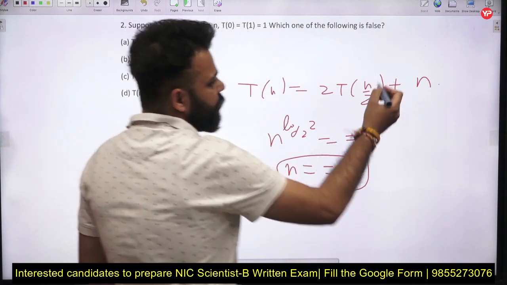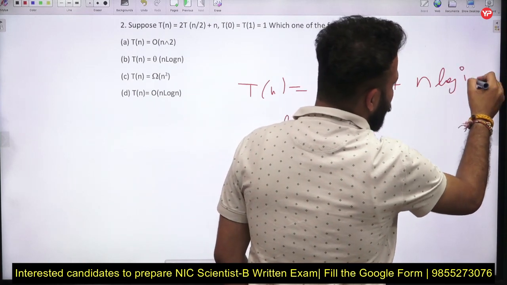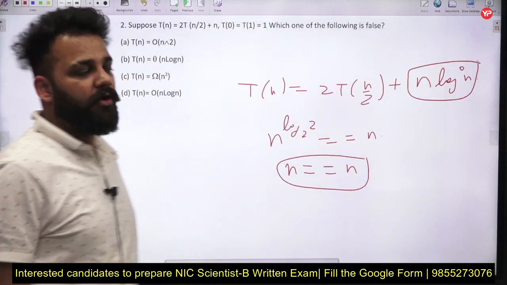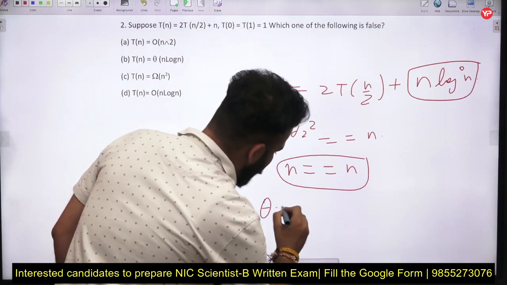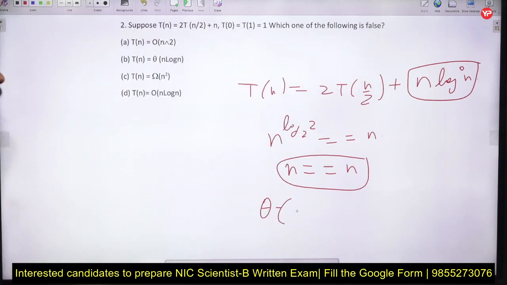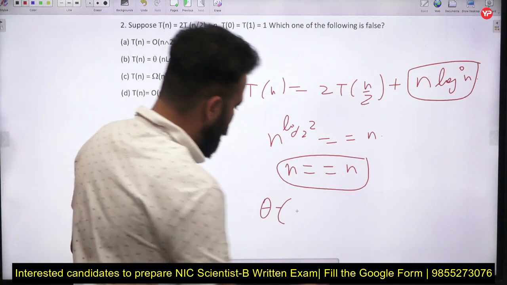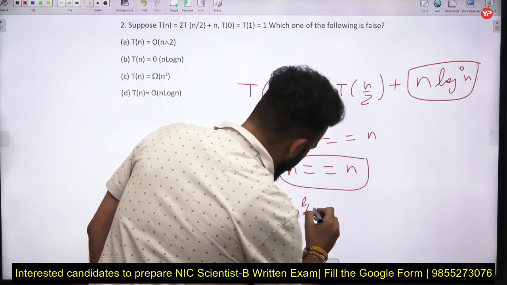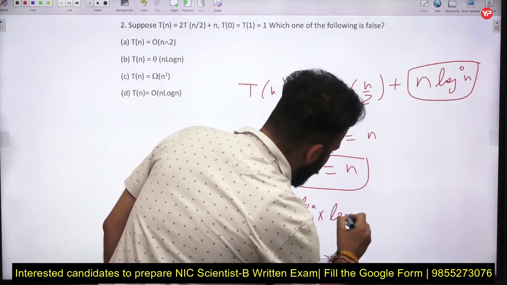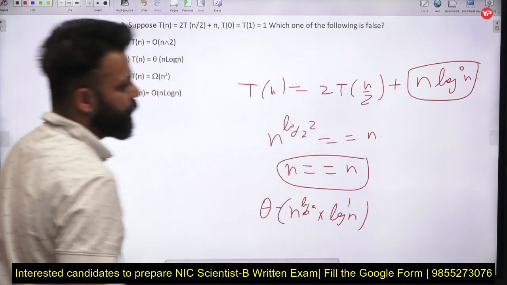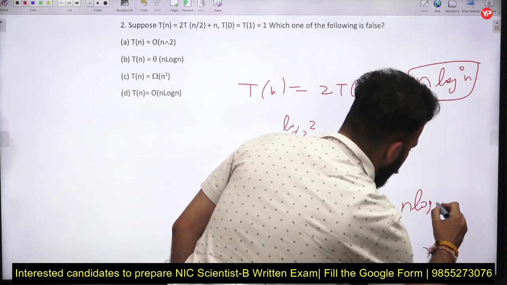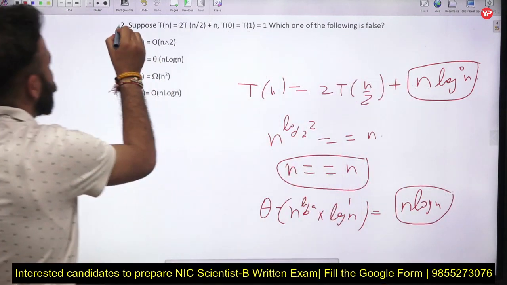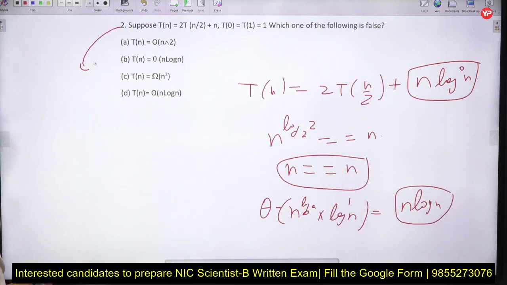So we have to treat this n as n into log n raised to power 0. So the time complexity will be n log base b of a into, we will increase the power of log by 1. So 0 plus 1 is 1. So the time complexity will come out to be n log n. Now this is the time complexity of this function, and it is asking which of these is not correct.